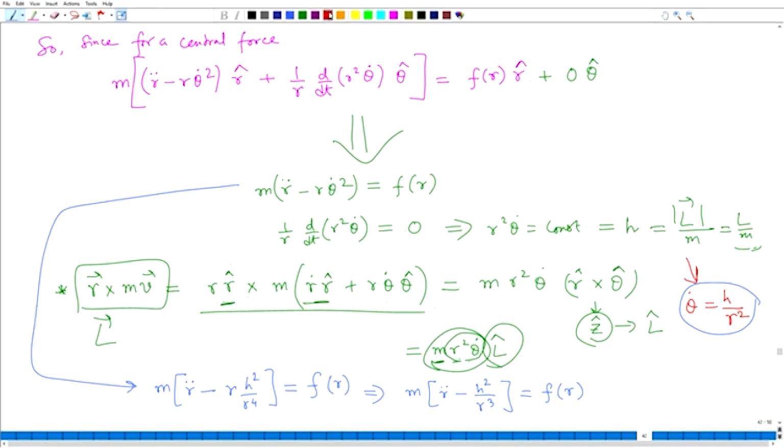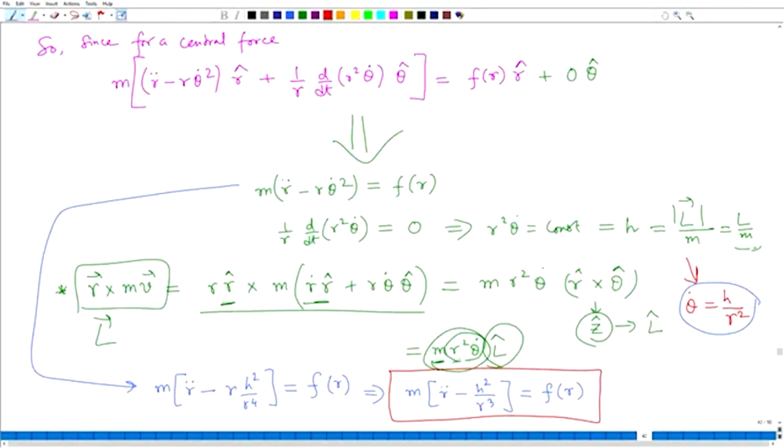Already by the fact that the angular momentum is a constant vector and r dot angular momentum is 0, we have said that the motion takes place in a plane, and so the necessary space coordinates which can be meaningful for defining any change in that plane will be simply given by r and theta variables.